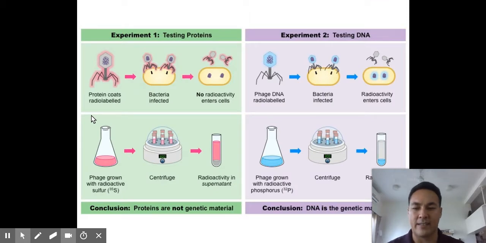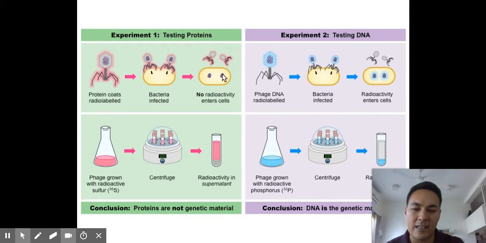Okay, hopefully you got something like this. In the first one, they labeled the radioactive sulfur. That's only in proteins. They labeled it in the bacteriophages. They let the bacteriophages infect the bacteria. They literally shook them off in a blender. Such a cool idea.